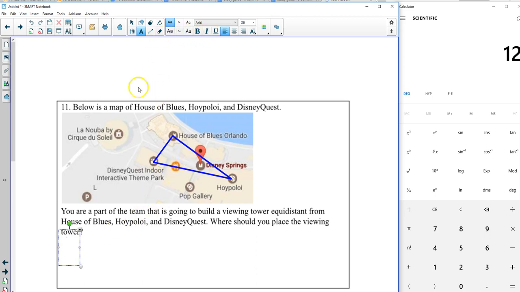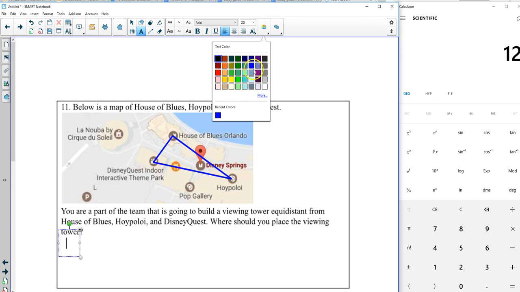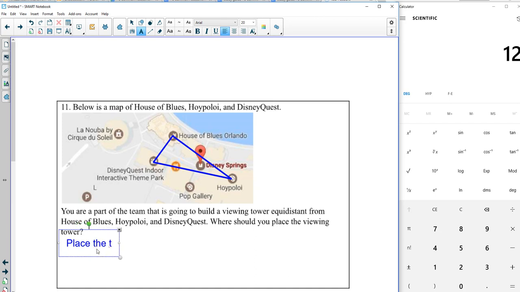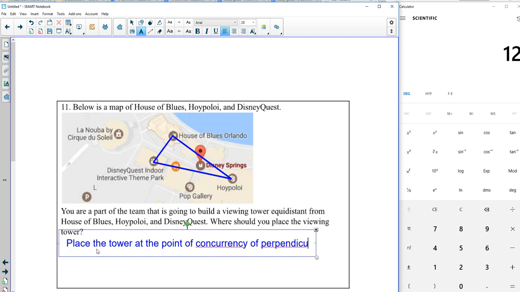So let's try to write it out. Place the tower at the point of concurrence of perpendicular bisectors.